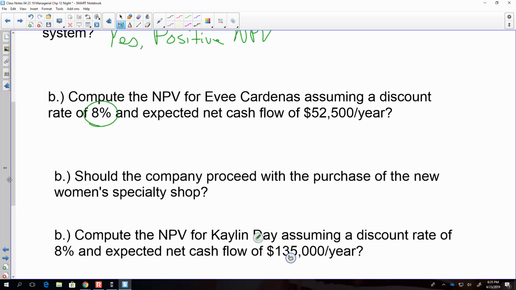I have my investment, $270,000 in year 0. We're expecting years 1 through 6, 52,500. But I'm going to multiply that by what amount?